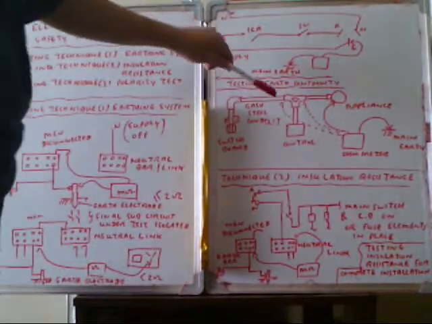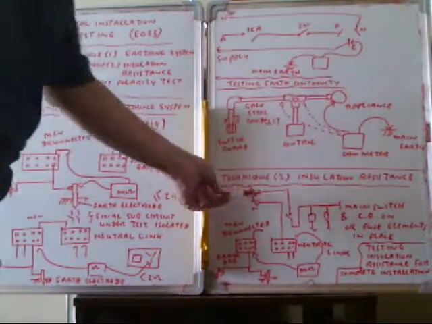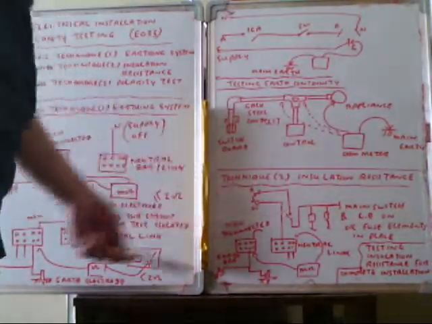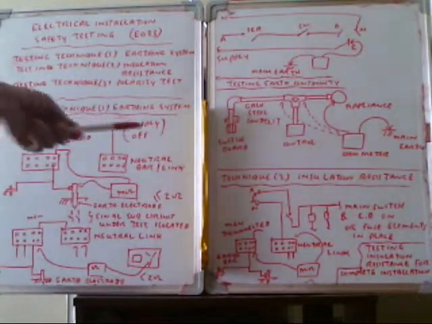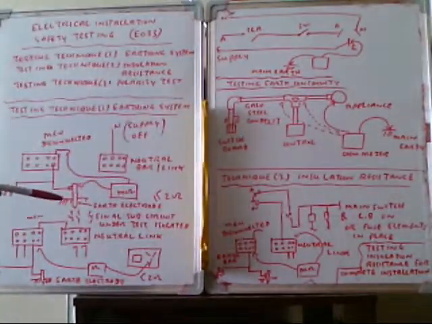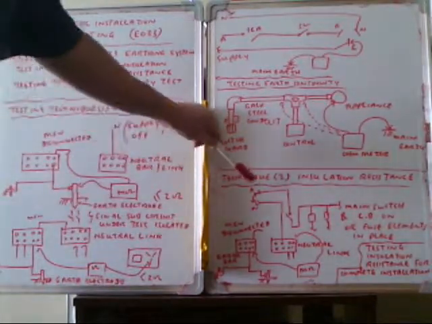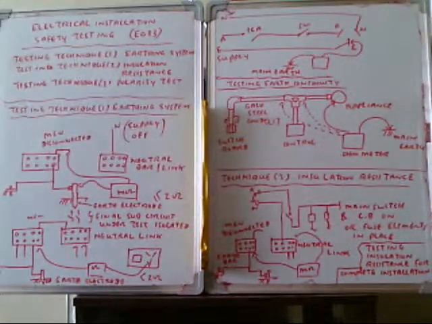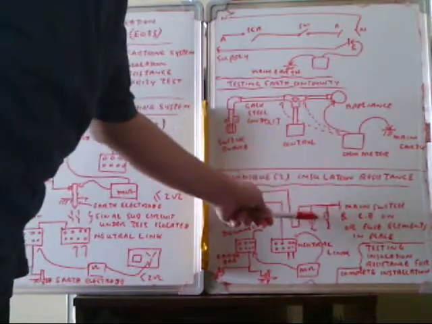Another one is that we have to test the insulation resistance between the active and neutral wire, and the active and earth wire. Those insulation resistances must be infinity or a very high insulation resistance. This is the method to test the insulation resistance. Firstly, we take out the main supply and neutral. We make the connection between main supply and neutral, and then the fuse elements we have to place.